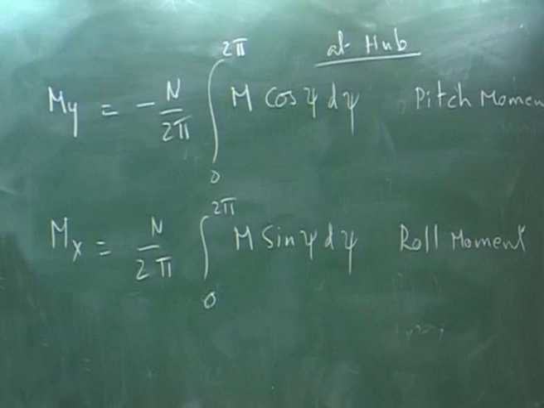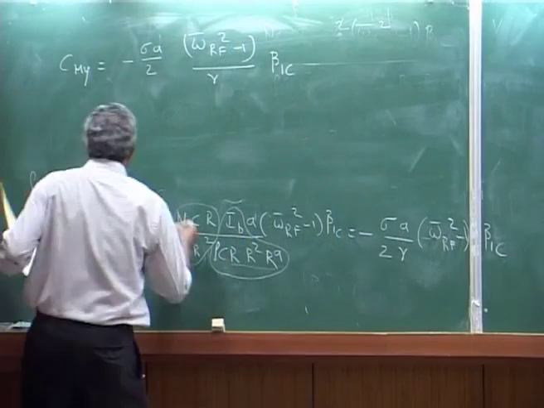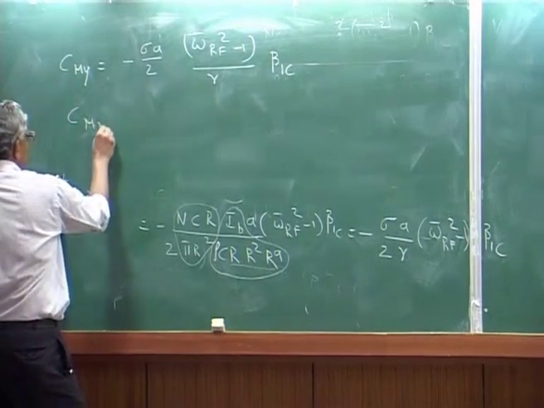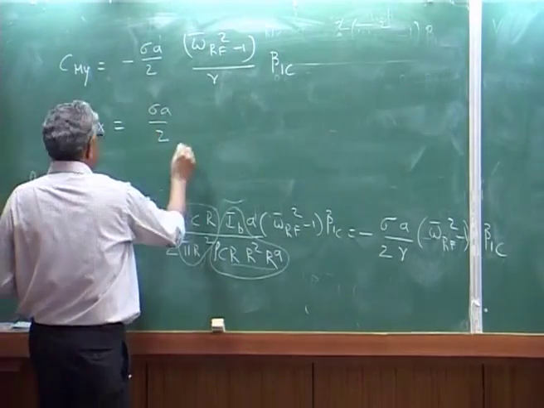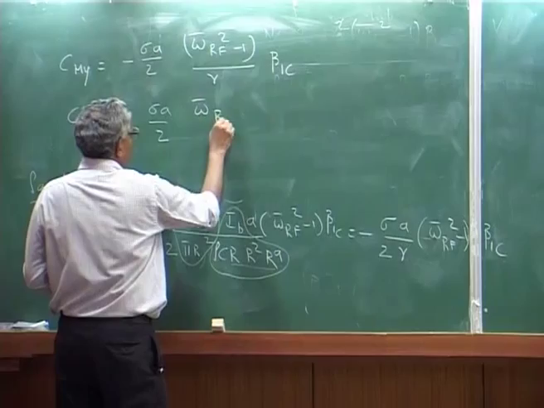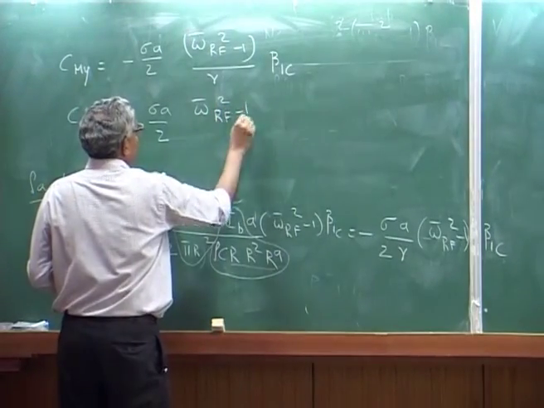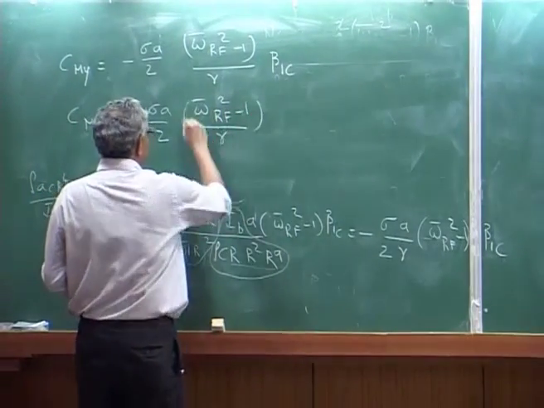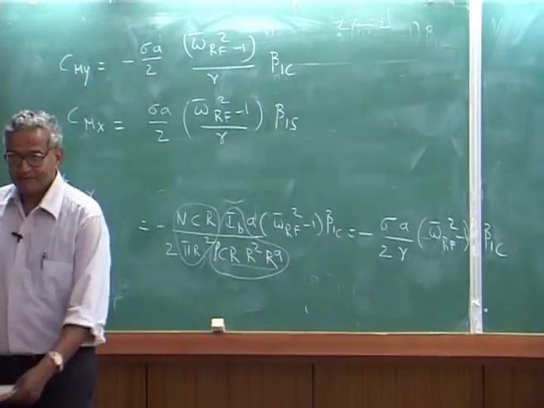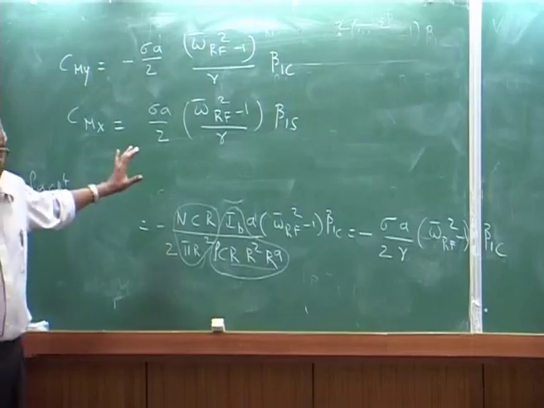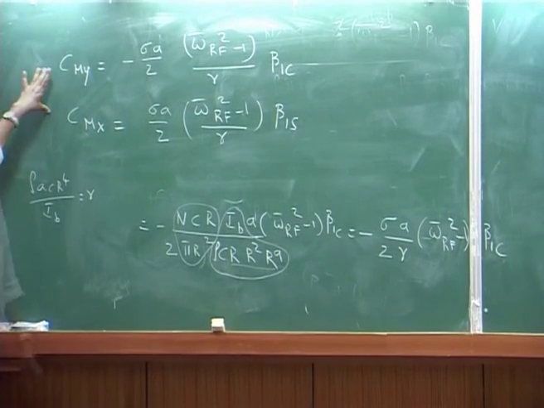So I just write the expression: C M x becomes sigma a over 2 times omega bar R f square minus 1 over gamma, beta 1s. These are my hub moments.